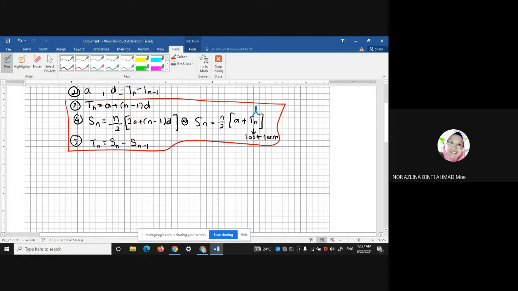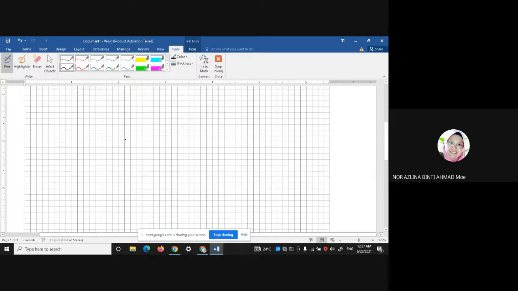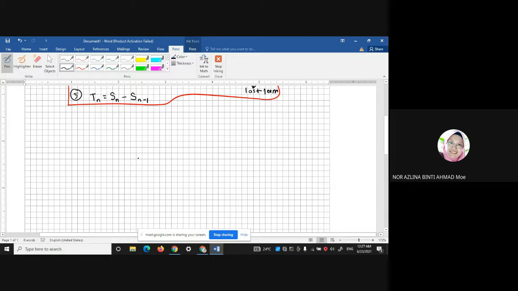Okay, now example 5. In a book fair, Siti wants to arrange books at the front section.